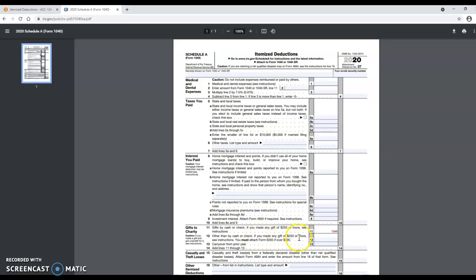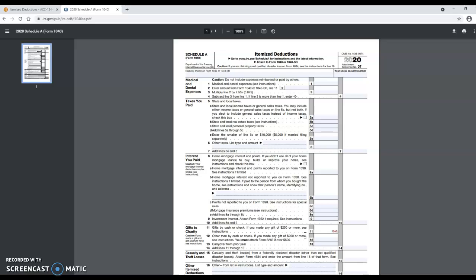If you made any gift of $250 or more, see instructions. Okay, and so the car was $750, so he is going to have the paperwork, which of course he got sent a 1098-C for that amount, so that would be the paperwork. He'd need to keep a hold of that.